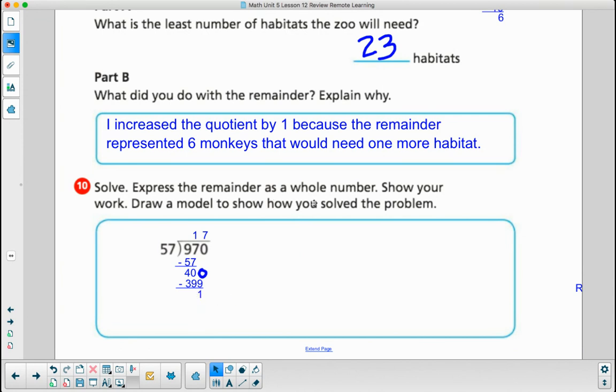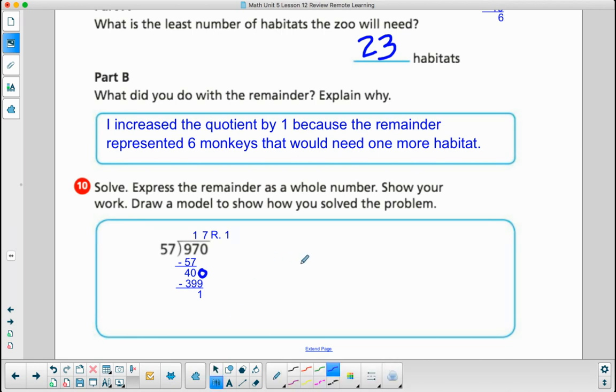And they said to express my remainder as a whole number. So my remainder would be 1. Now, there are a lot of ways that I can express this, draw a model to show this. So make sure you're drawing a model, but that's totally up to you how you would do it.